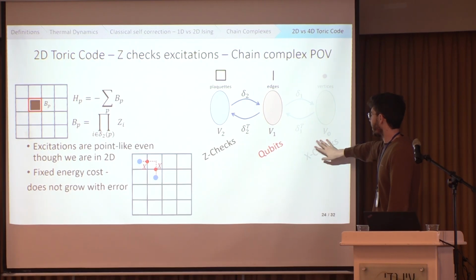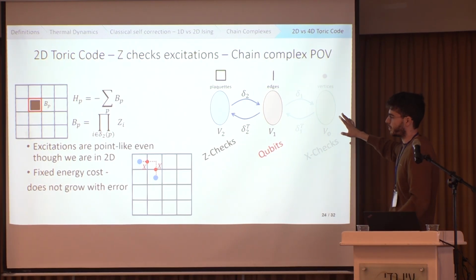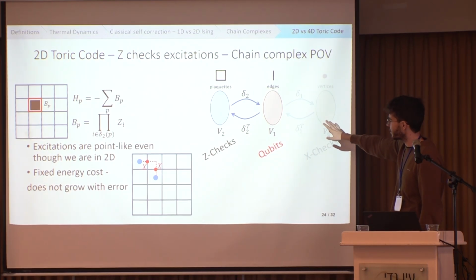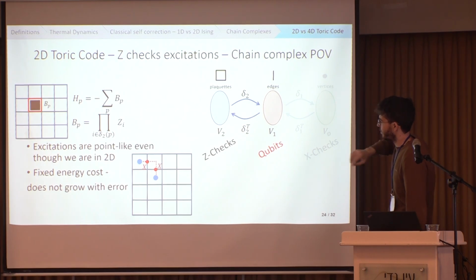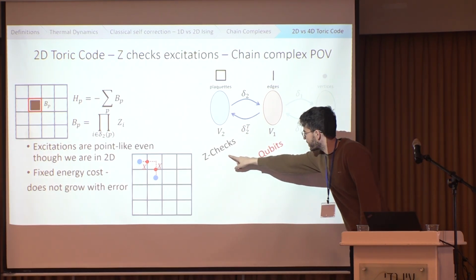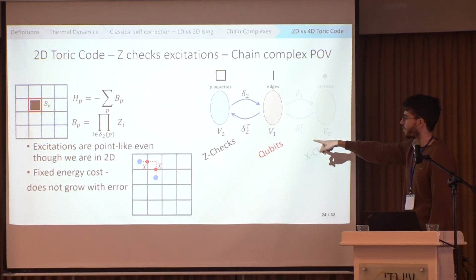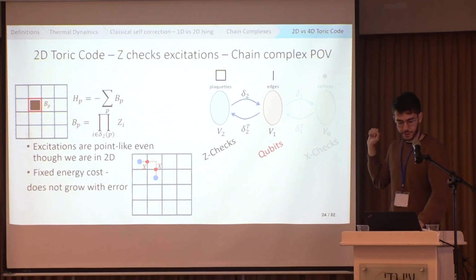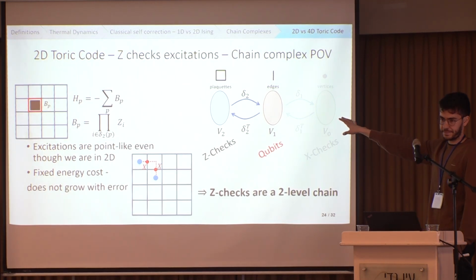And the X checks, which we'll talk about in the next slide, we disregard. So we see that the Z checks and the qubits are actually a two-level chain.